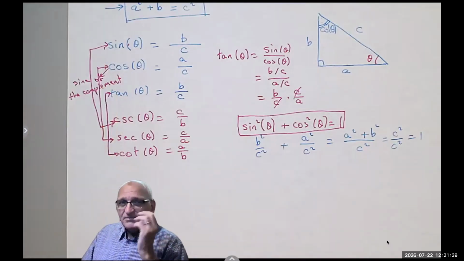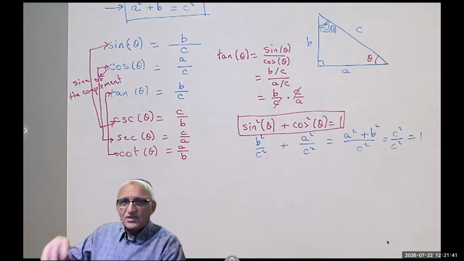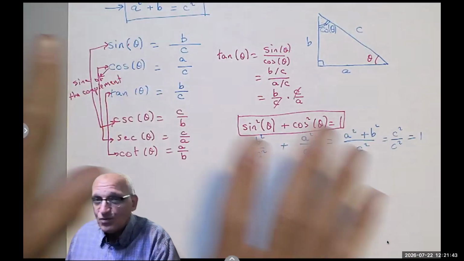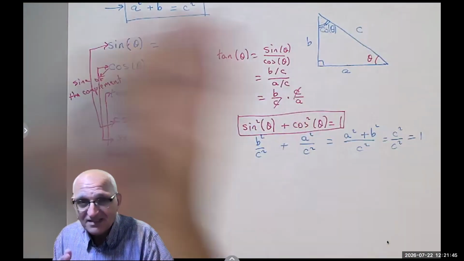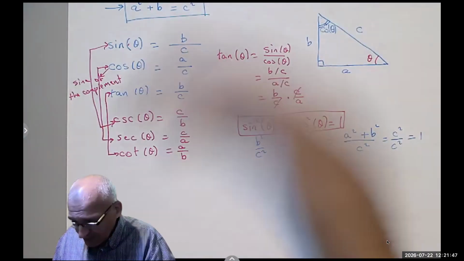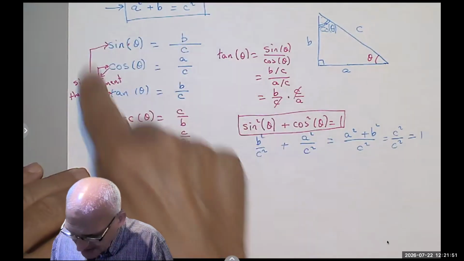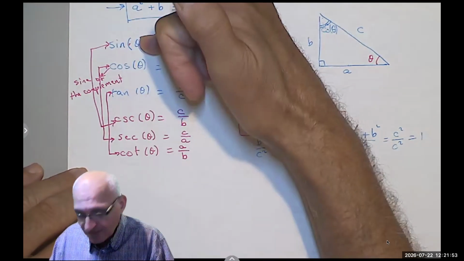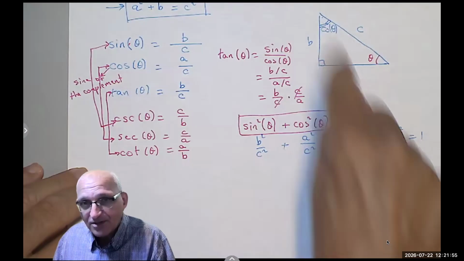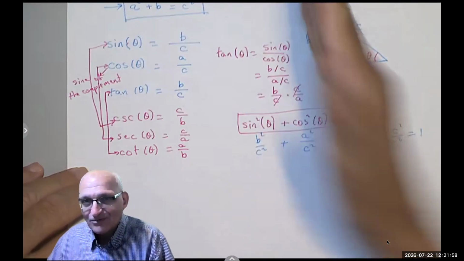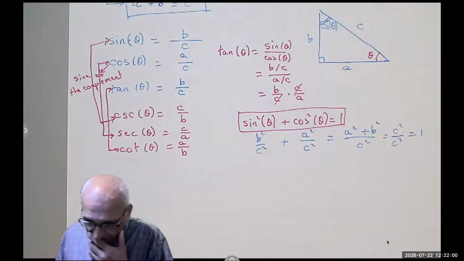In the beginning, I memorize what is the sine, what is the cosine. I didn't know what I'm going to do with these things, but these are like the building blocks, and they told me to memorize them. At least I know these three: opposite over adjacent, opposite of the complement over adjacent, and then opposite over hypotenuse.